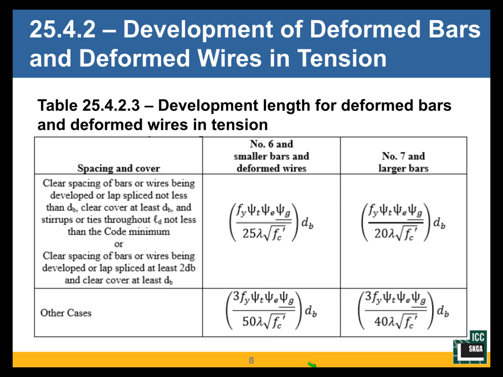So straight bar development length in tension, we can go with this table. And in each of the expressions that you see on the table, the reinforcement grade factor psi_g has been added.